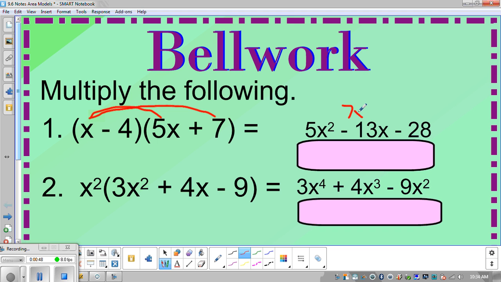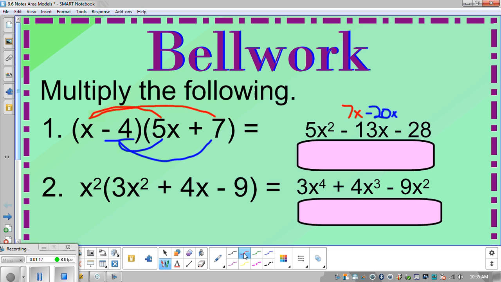So we are done distributing the x, but we now have to take the negative 4 and distribute it. That would be minus 20x. And then the negative 4 times 7 is where our negative 28 came from. So take a moment. If you made any mistakes, go ahead and check them here and see what happened.